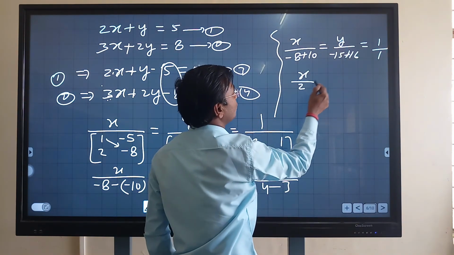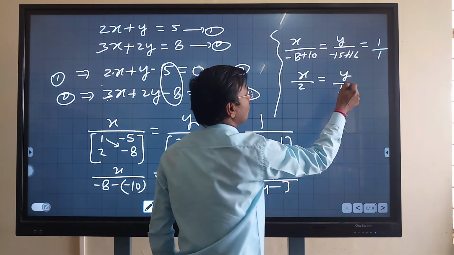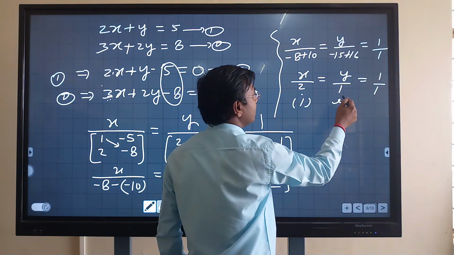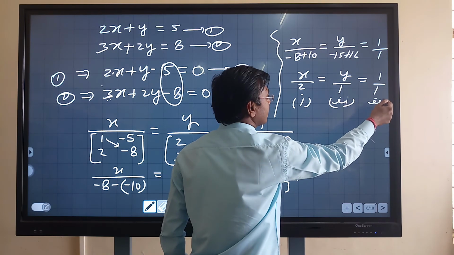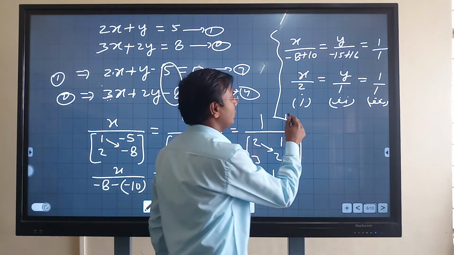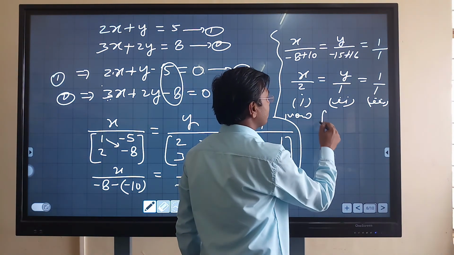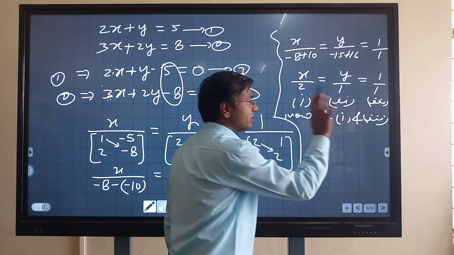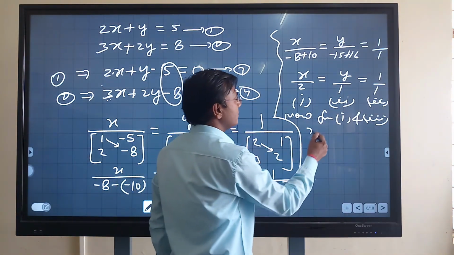So x upon 2, y upon 1, 1 upon 1. Now we have to assume first, second or third equation. To find values, we will take from first and third. Always we will take first and third.